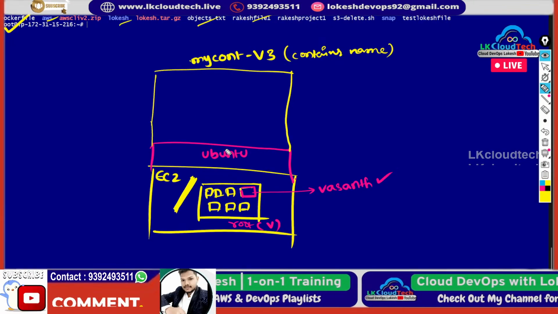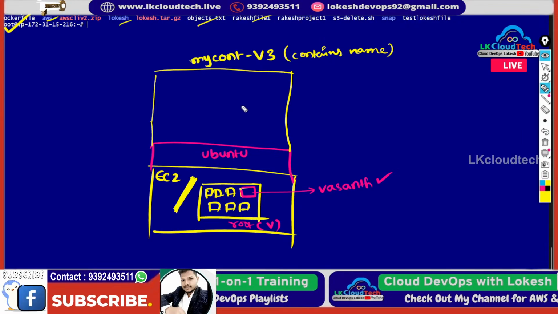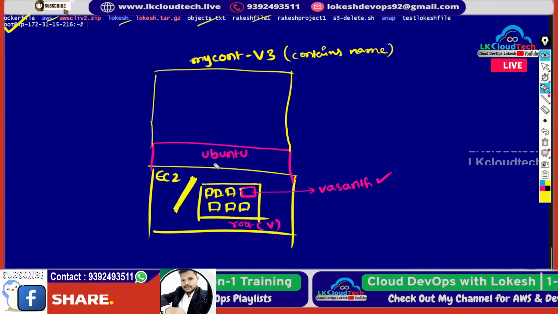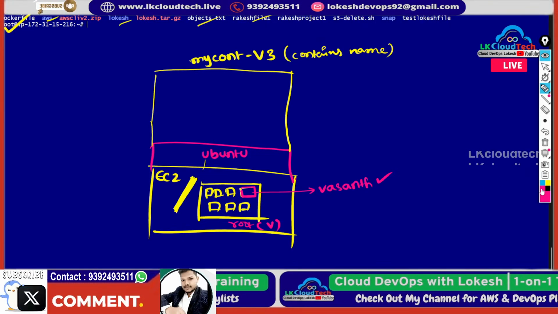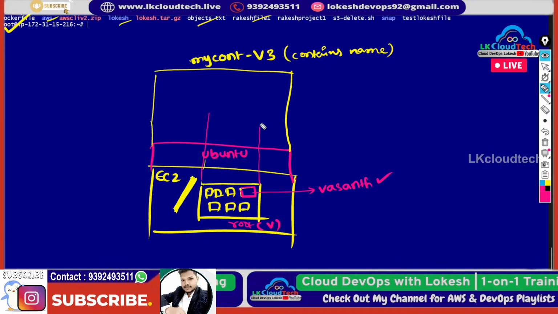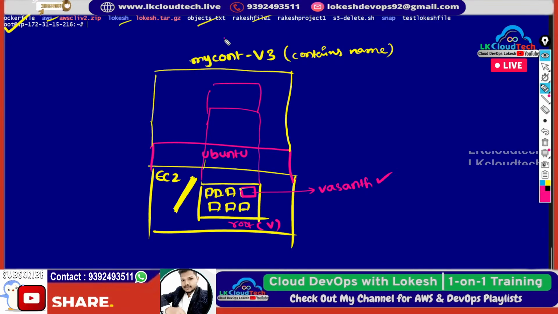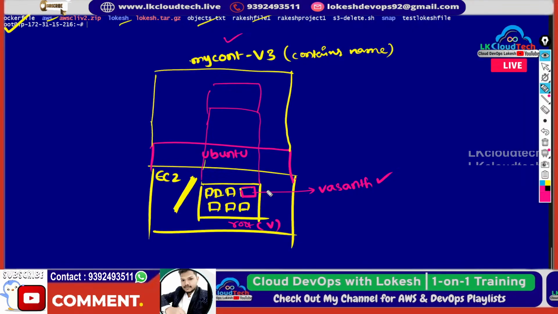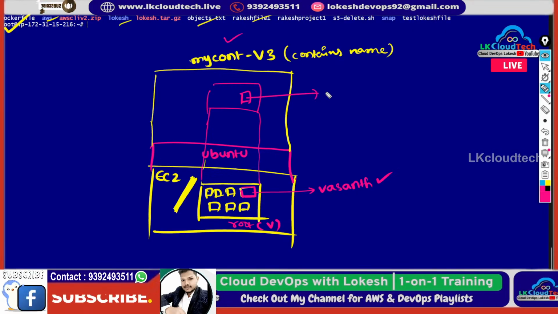Now if I create this, whatever files are there, these files should be there on top of this container. In my case, the Vasant file is there.